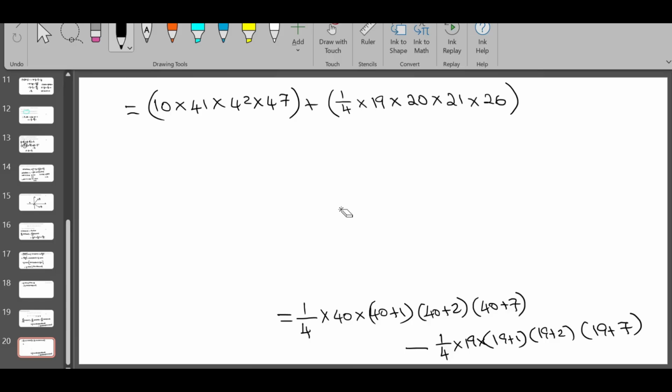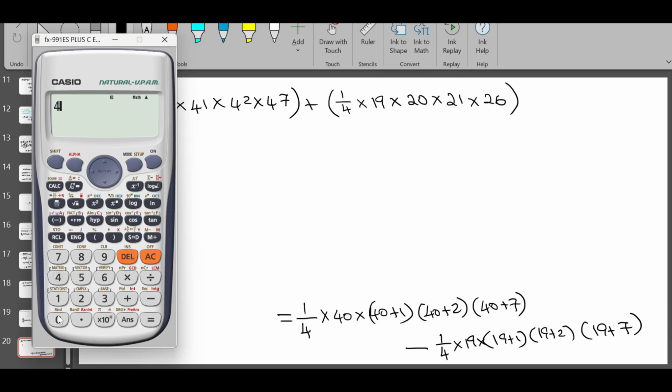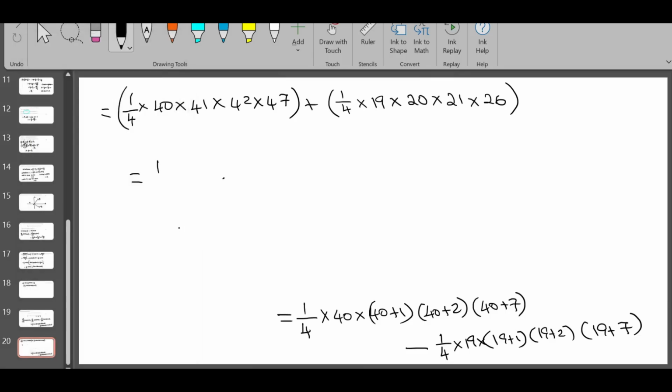So let's do it uniformly. I'm going to calculate these values first. 40 times 41 times 42 times 47 is 3237360. 1 over 4 times 3237360, right?